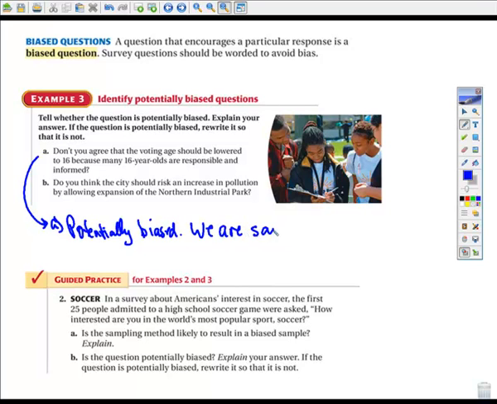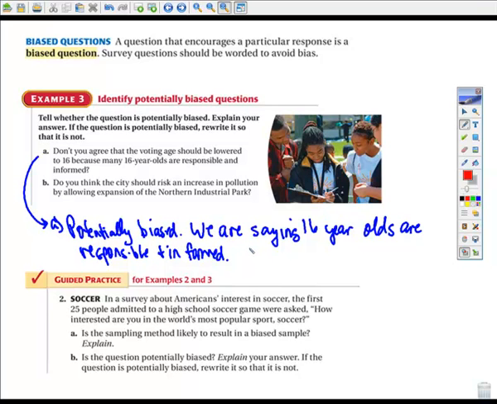We're saying 16-year-olds are responsible and informed. The way that we could write this is, do you think 16-year-olds should be able to vote?